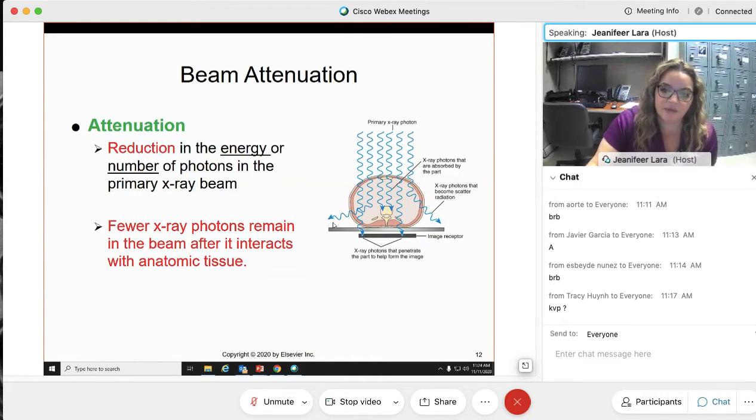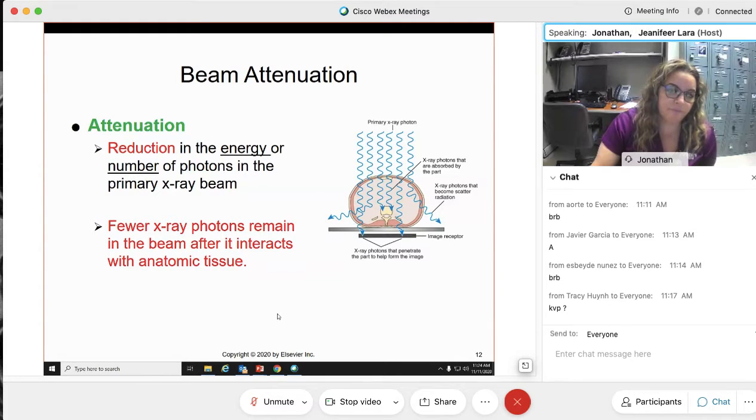So if the photon that was deflected or scattered leaves the patient and reaches the image receptor, it is considered remnant or exit radiation.